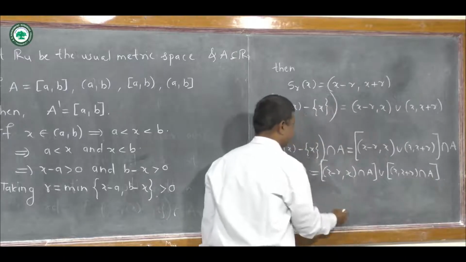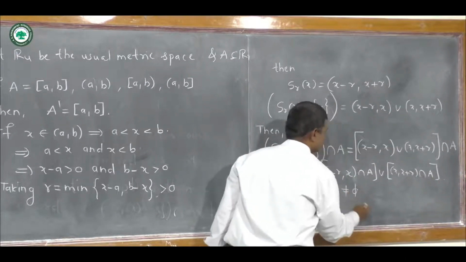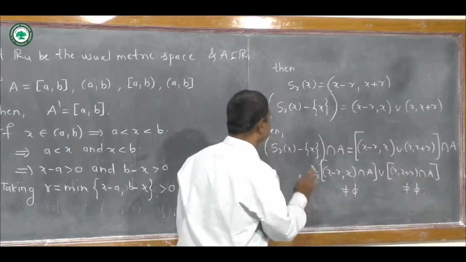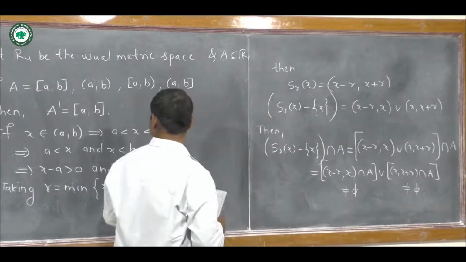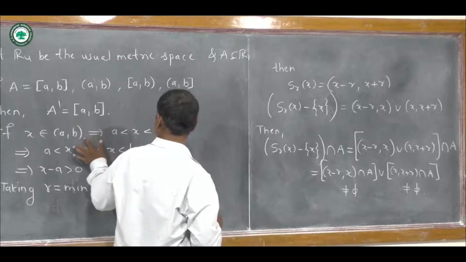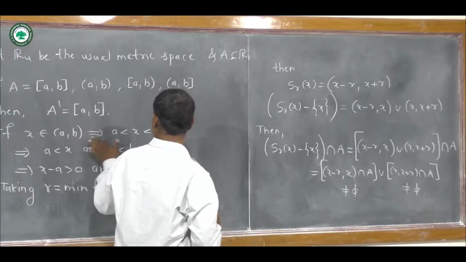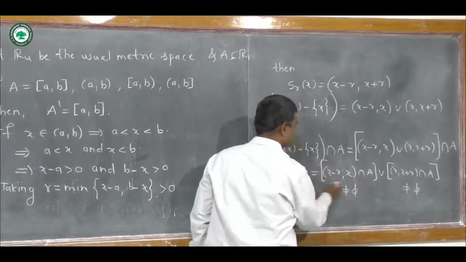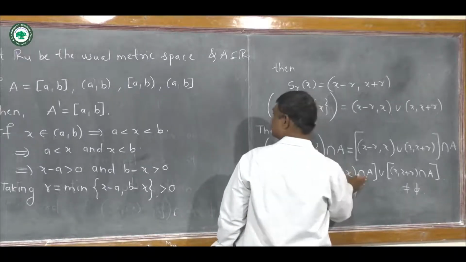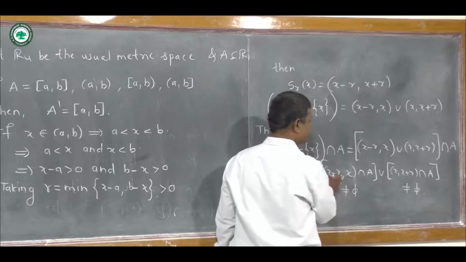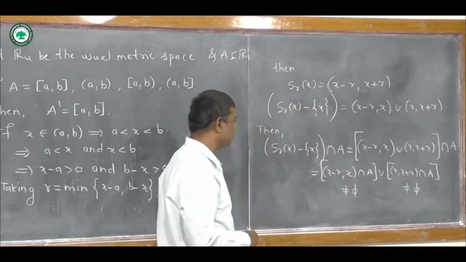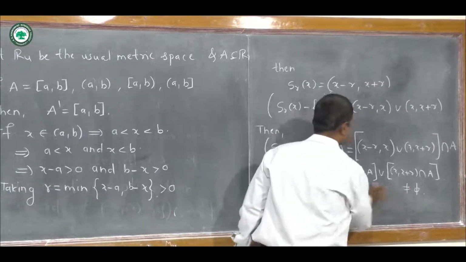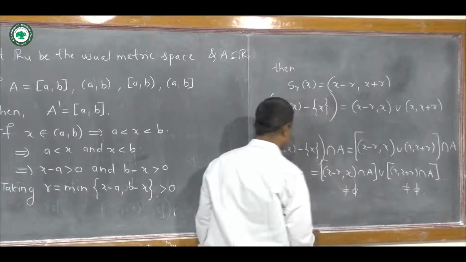Now remember here, this set is always non-empty and this set is always non-empty, because here I am taking A equal to the open interval (a, b). If you take A equal to the closed bounded interval [a, b], open closed interval (a, b], or closed open interval [a, b), then remember this set is always non-empty.